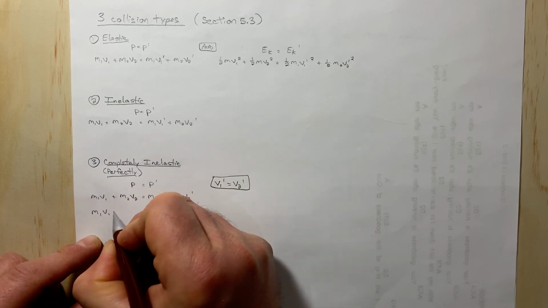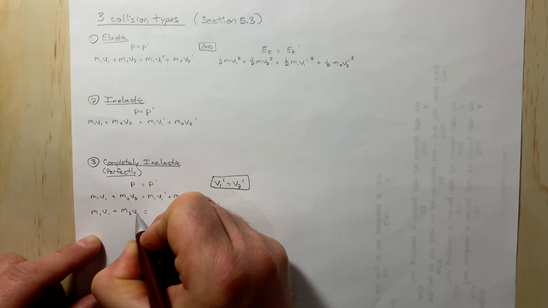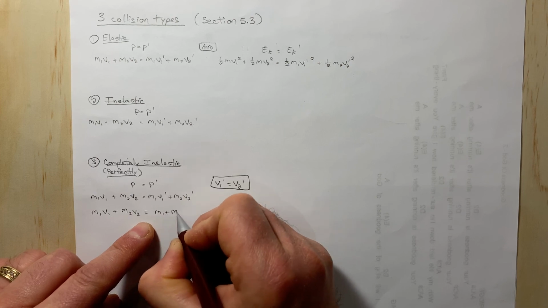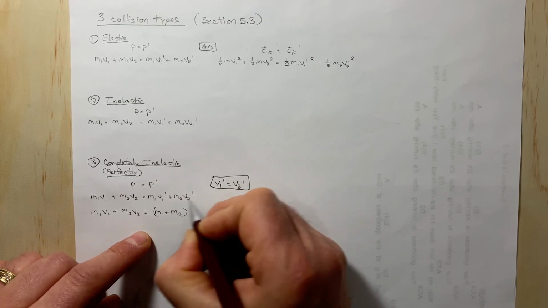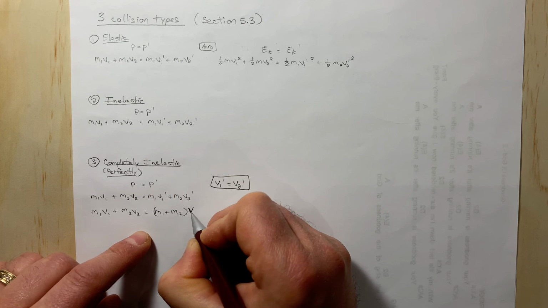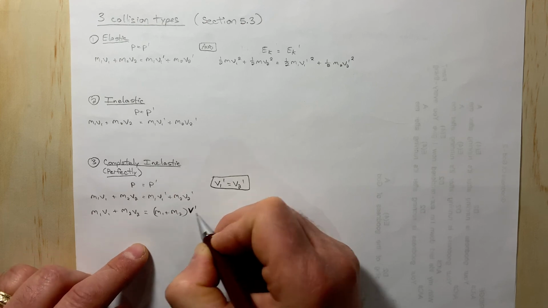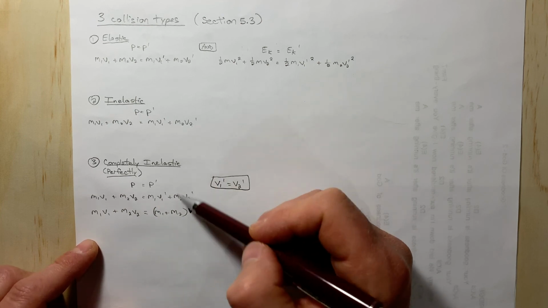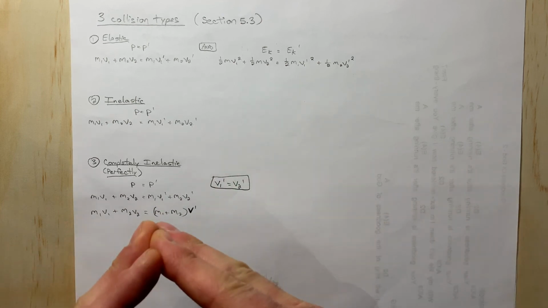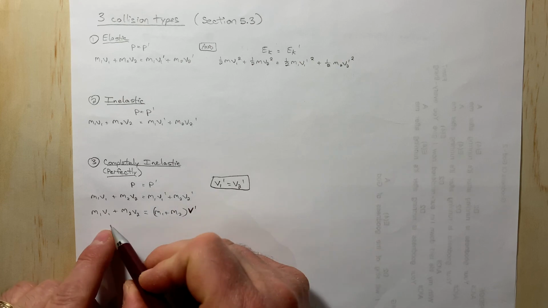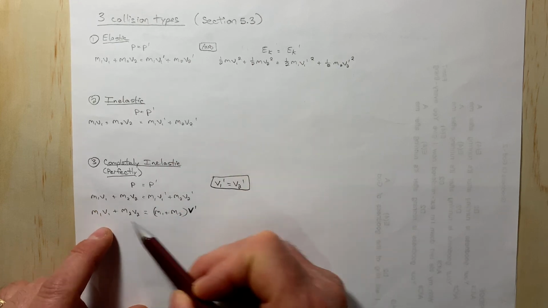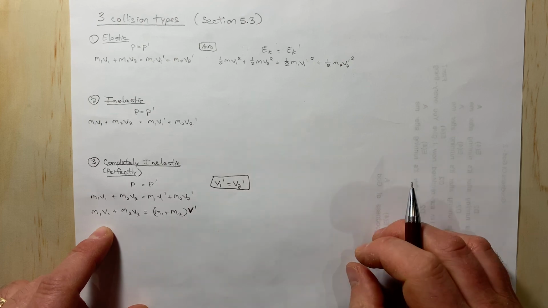There's no change to this left-hand side, but on this right-hand side, we could take out the v primed and say that it's m1 plus m2, and then just call this v primed. It could be either v1 primed or v2 primed because they're the same thing. So when we do completely inelastic, if the two objects hit and stick together and then move off as one, we're seeing something like this. So really it's the same equation, but sometimes you'll see it written like this.